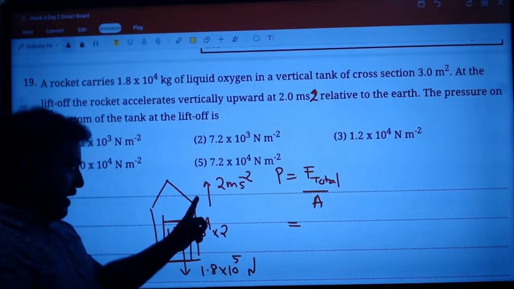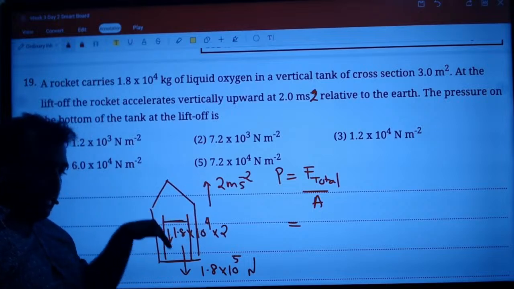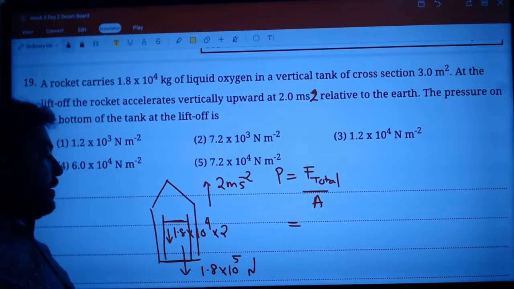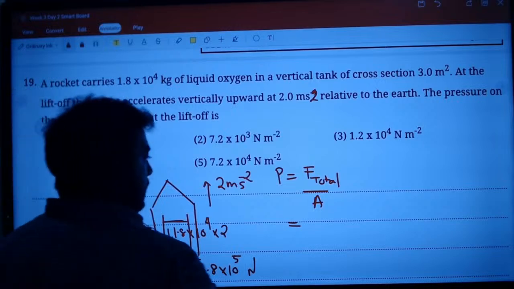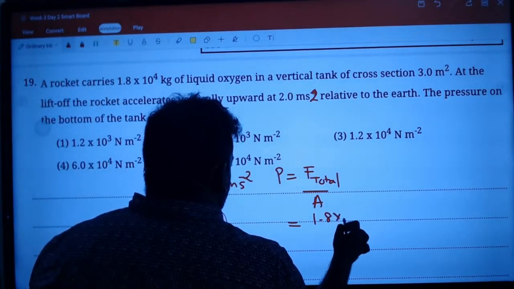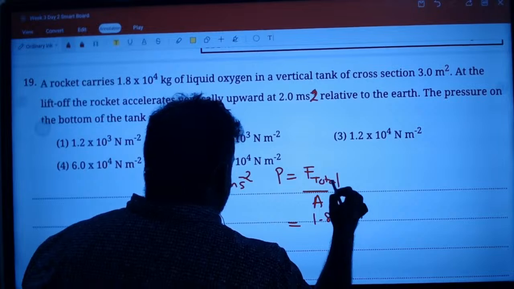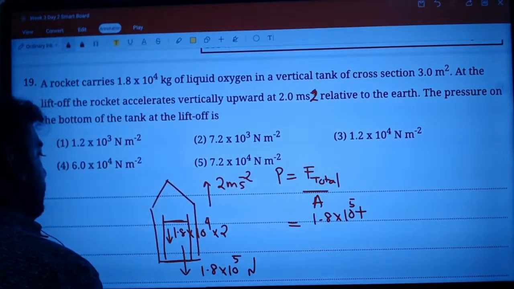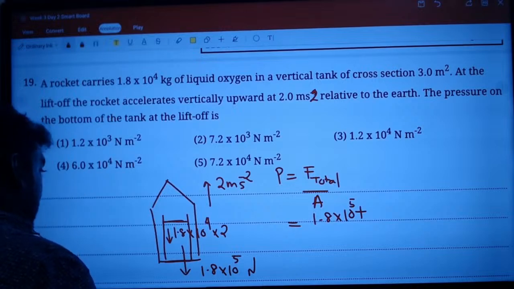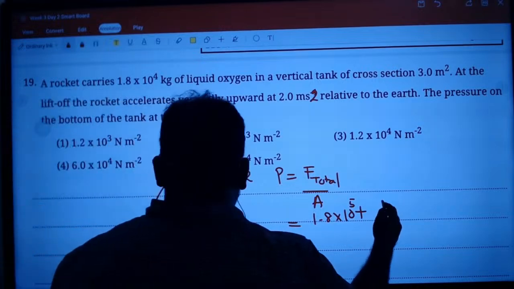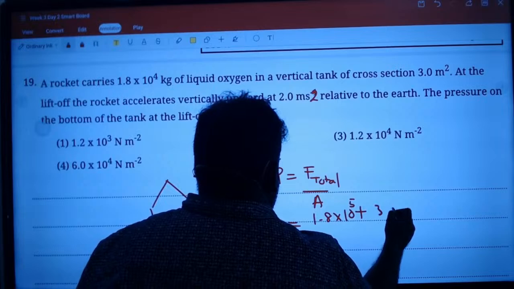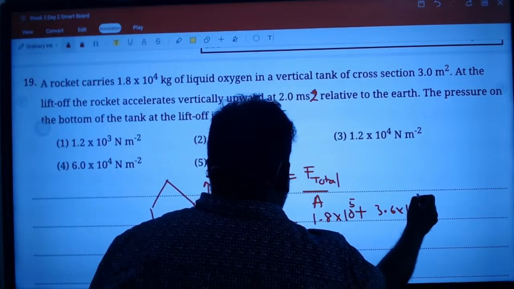When you accelerate, there is a weight and there is a pseudo force, both acting. 1.8 10 to the power 5 force, plus because of this pseudo force, mass into acceleration, 3.6 10 to the power 4.